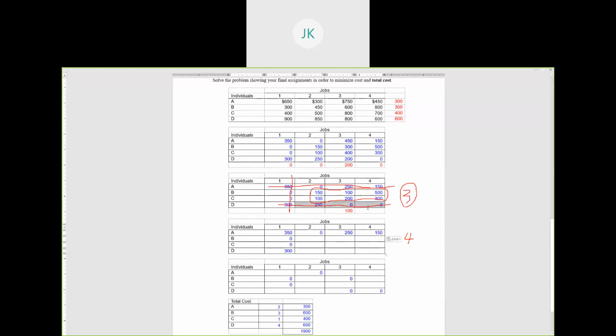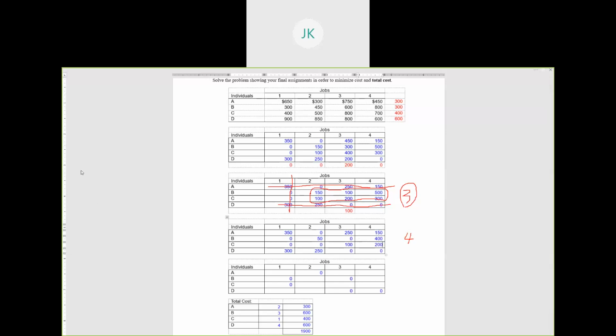This row also doesn't change, but these numbers change. 150 minus 100 is 50, and 100 minus 100 is 0. 500 minus 100 is 400. 100 minus 100 is 0. Next one, 100 and 200.